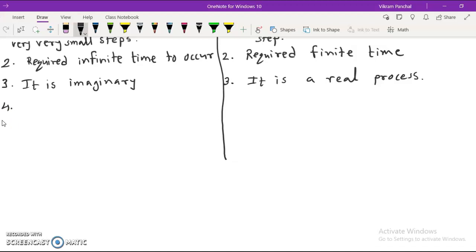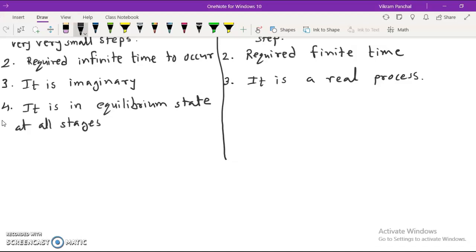It is in equilibrium state at all stages of the operation.